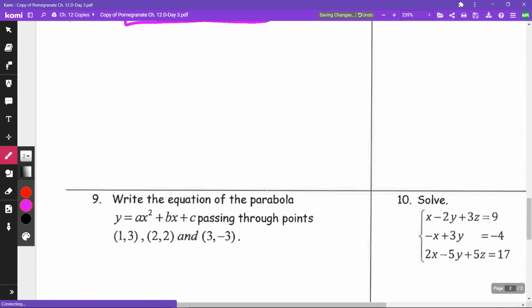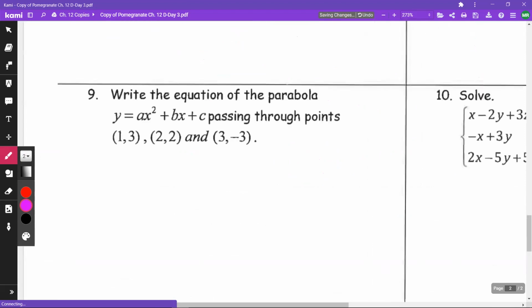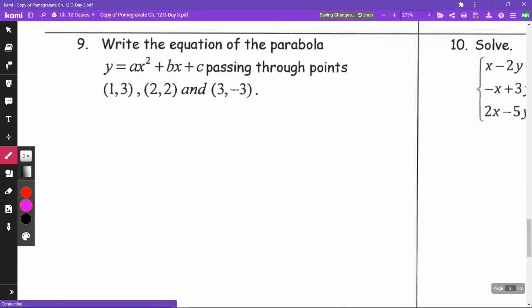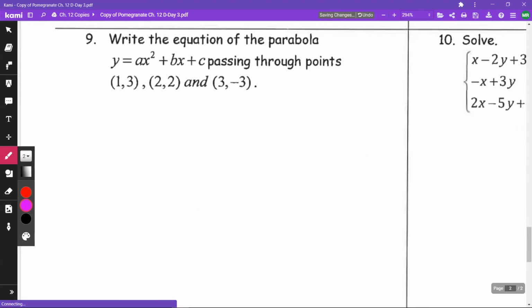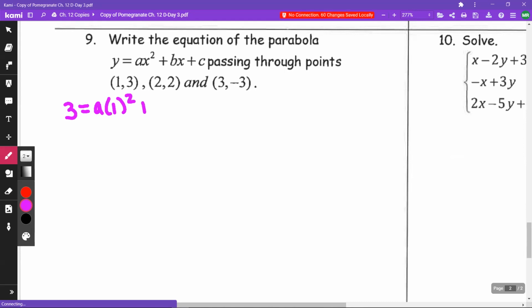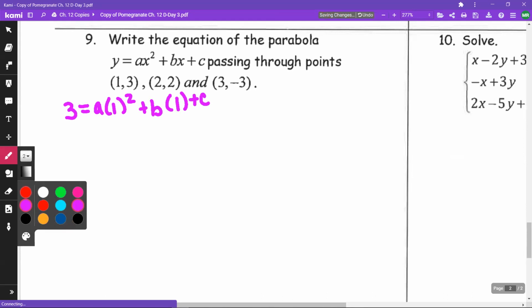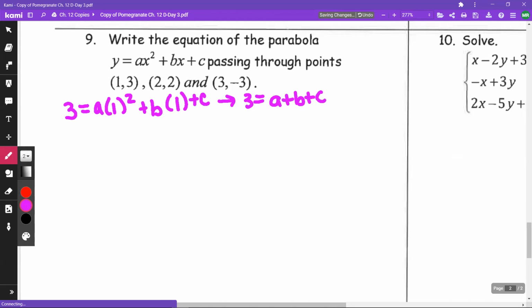On number 9, this is the parabolas. This is the system. So I am going to have 3 equals a times 1 squared plus b times 1 plus c, which is going to give me 3 equals a plus b plus c.